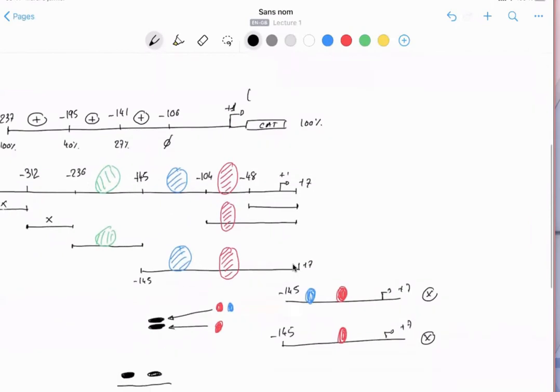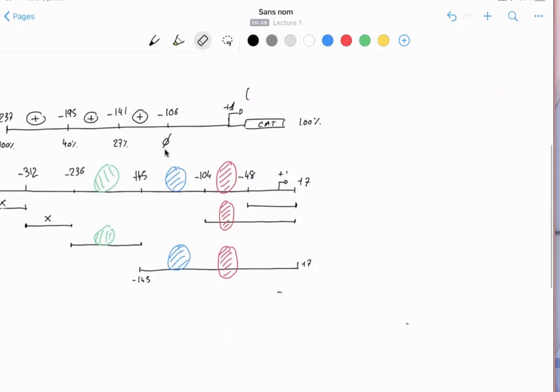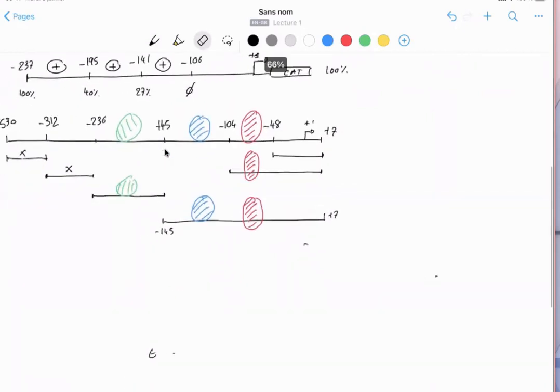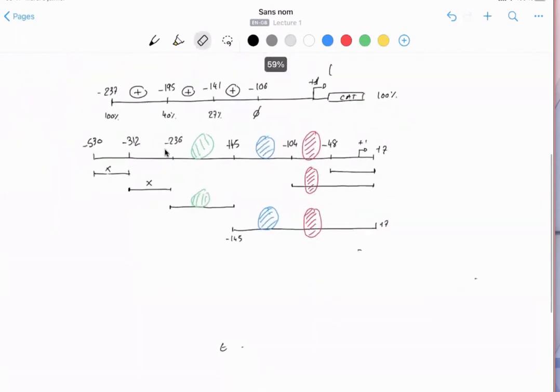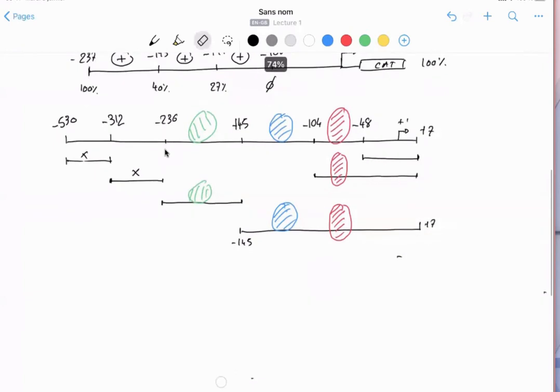One second. Okay, so we go on. I just erase this, and we're going to look at the next page. We're going to look at figure 6.